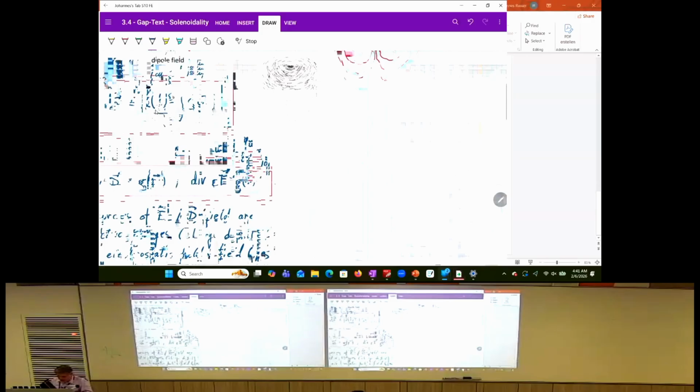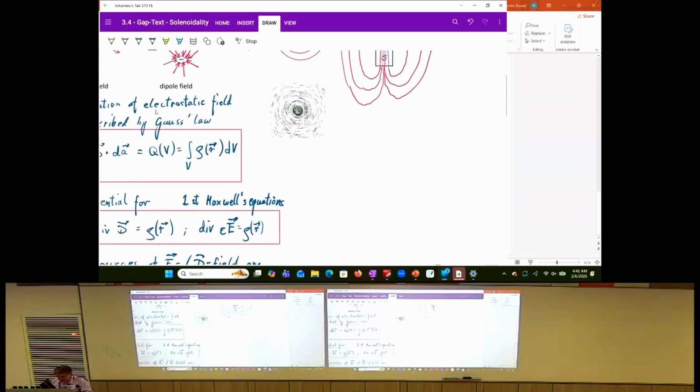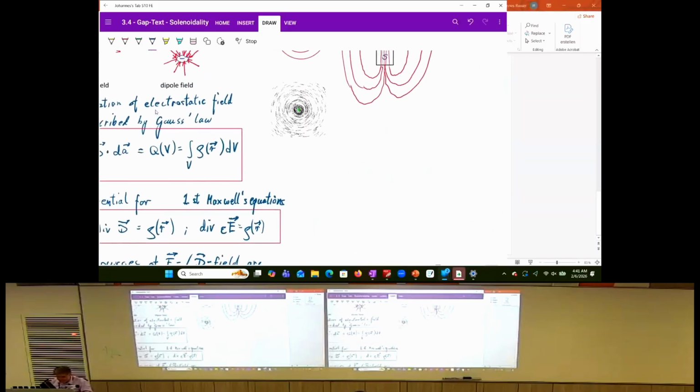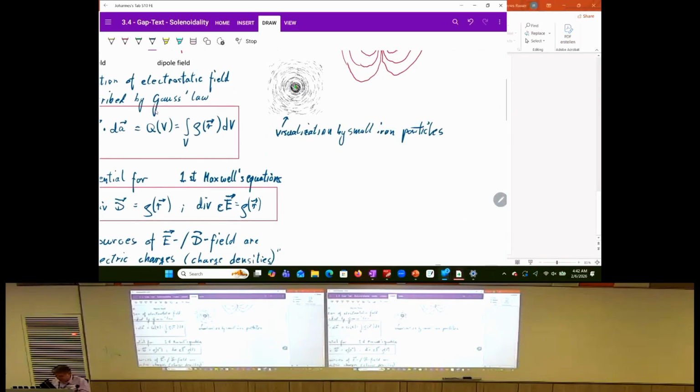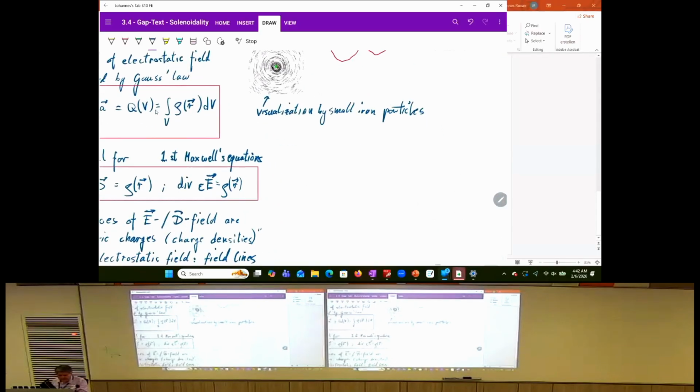So if you look, however, at the magnetic field, here you have a visualization of the field by small iron particles, as in the video here, by the way. So for the magnetic field lines, the thing is different. We don't have them ending or starting somewhere, but they are always closed.